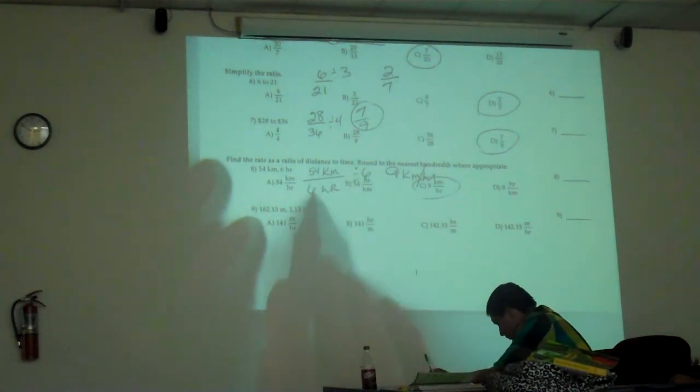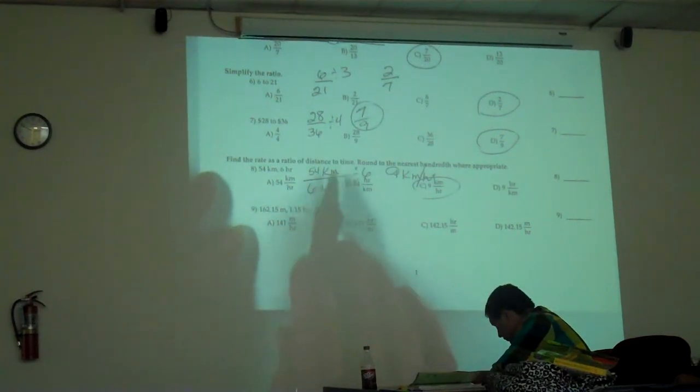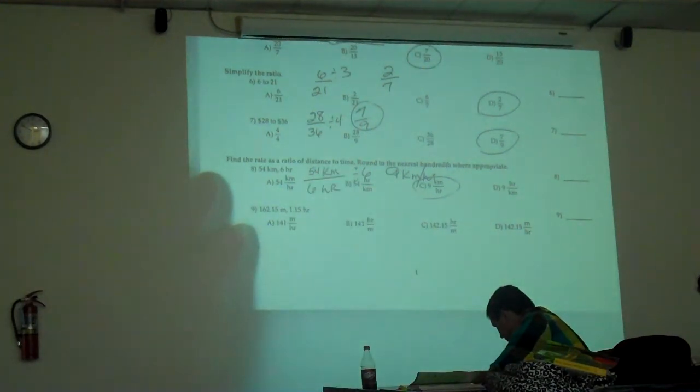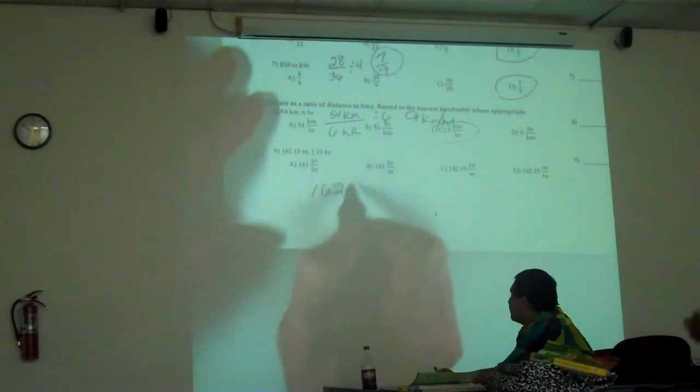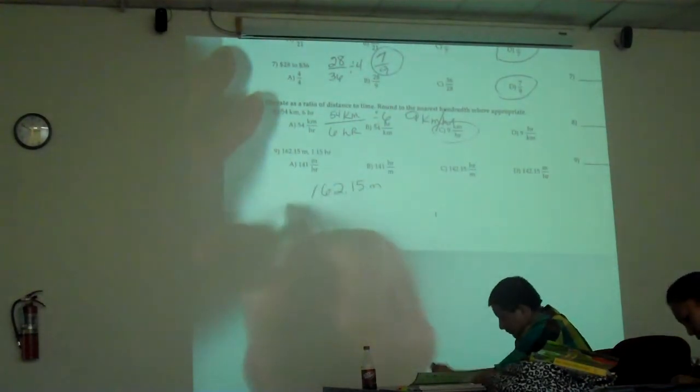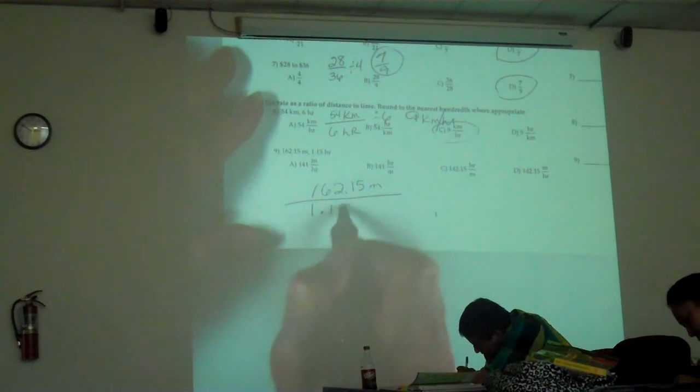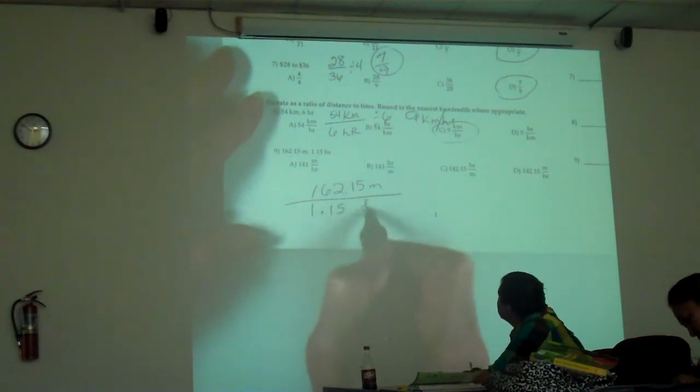Wait, let me write that. Over 1. Okay? And it states kilometers over hours. Kilometers per hour. Okay, we have 162.15 meters in 1.15 hours.